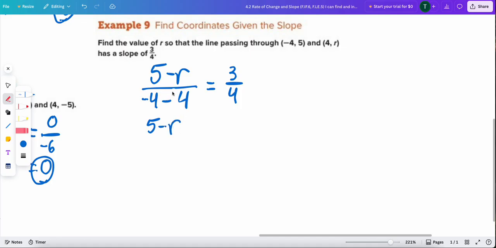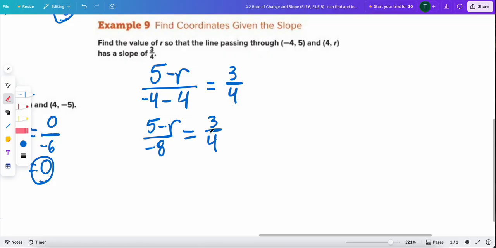So I'm going to simplify this. If I take -4 minus 4, that's going to be -8. And I need to get this to equal 3/4. What this is showing us is that I need to figure out what I can multiply that 4 by to get my denominators to be the same.